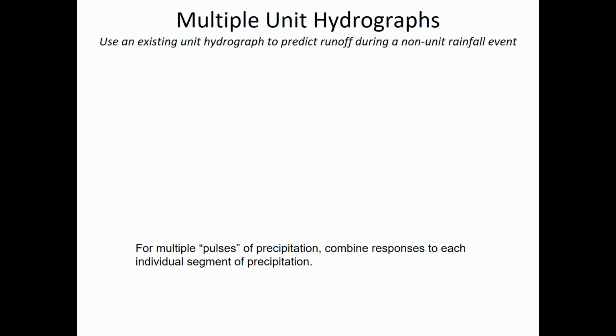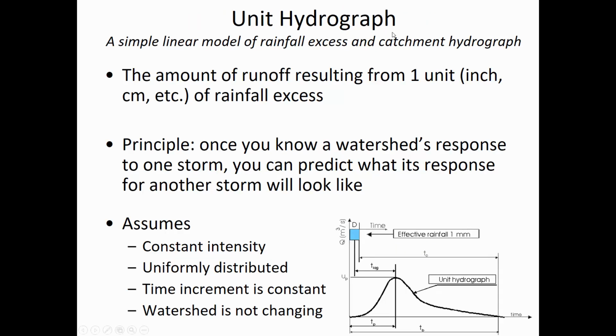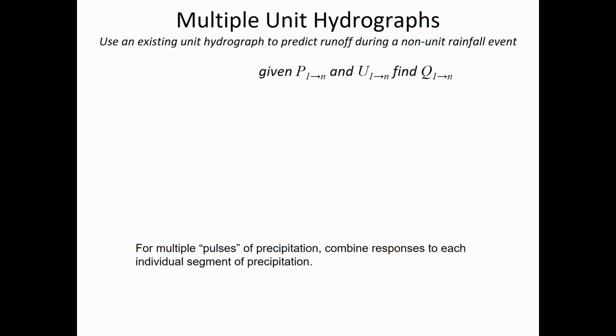So the trick becomes when you have more than just a single continuous pulse of rain, because it's pretty improbable that a storm is just going to be like 1 hour long. If you have multiple hours, then you have to combine different unit hydrographs with different precipitation pulses.